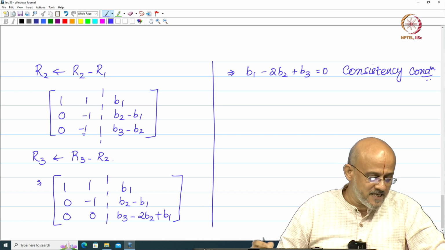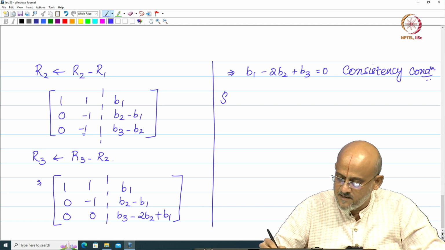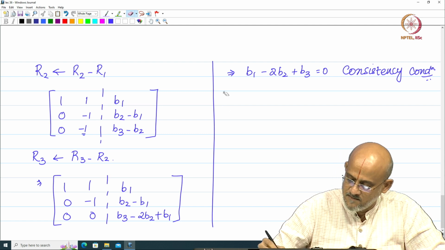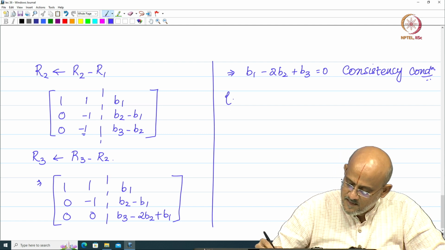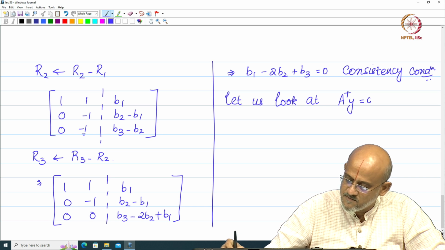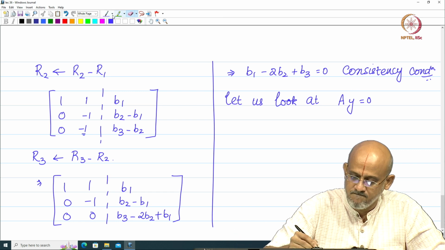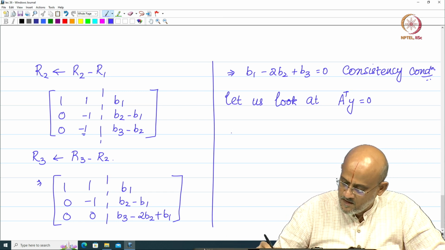So let us again look at A transpose Y is equal to 0. What does that mean?